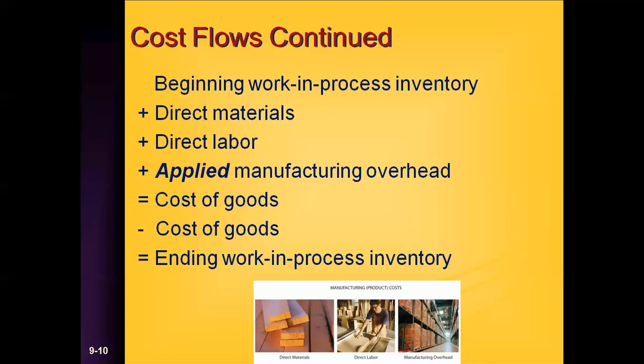That would reflect the cost to date of products started but not finished during this period. Again, that's the reasoning for the name work in process. It's stuff that has been started in the manufacturing process but has not been completed.